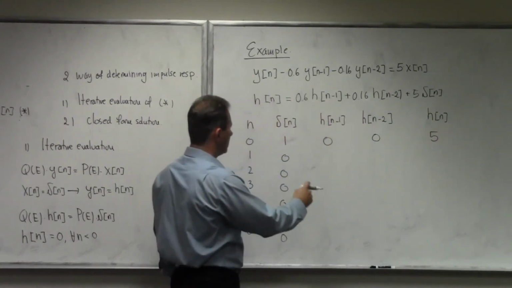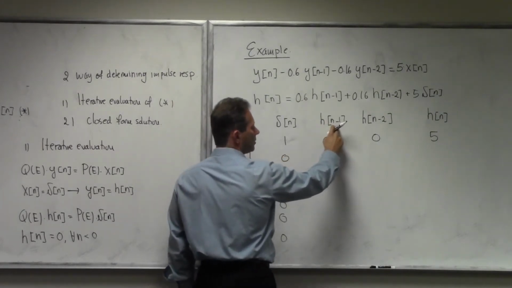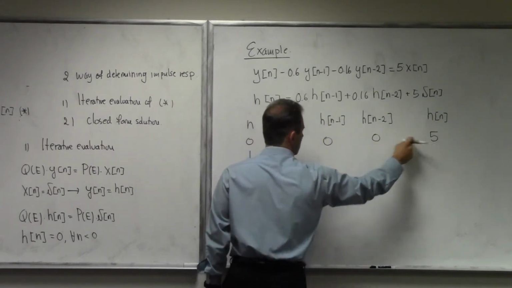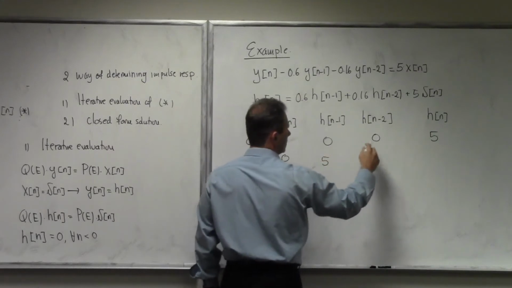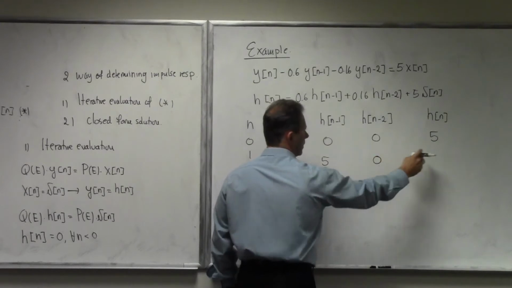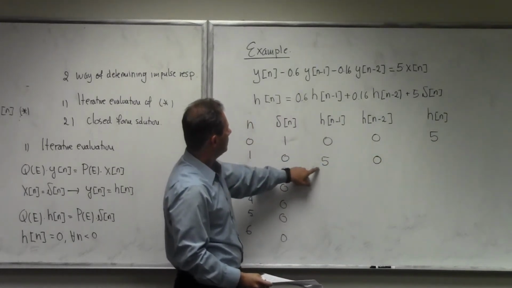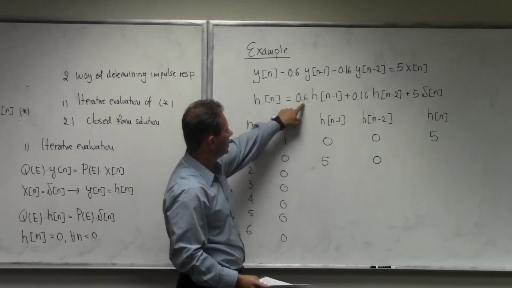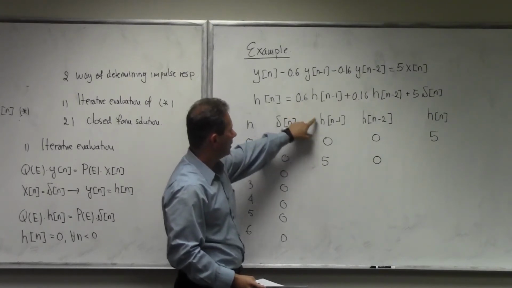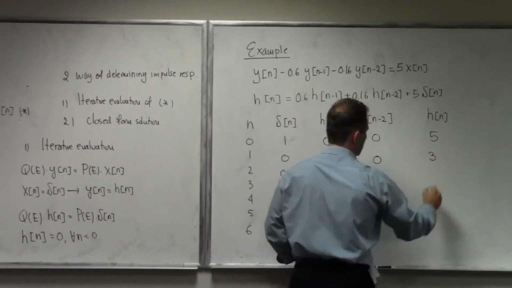Now the clock ticks, this becomes 1. Now this is h[0], which is this one here, so this becomes 5. This value here becomes whatever was here. And now I can calculate this value. It's going to be 5 times 0.6, which is 3, plus 0 plus 0. So this is just 3.